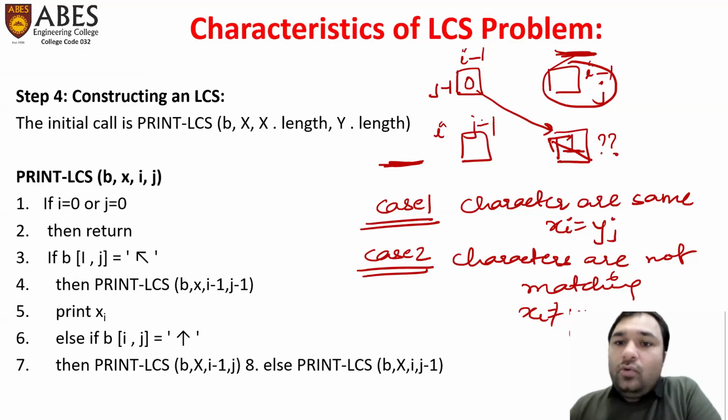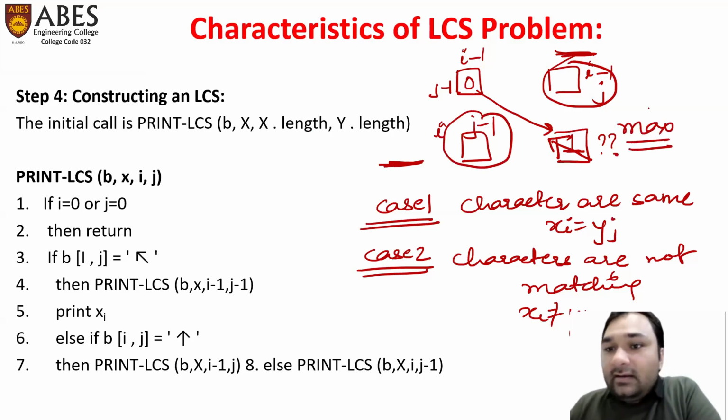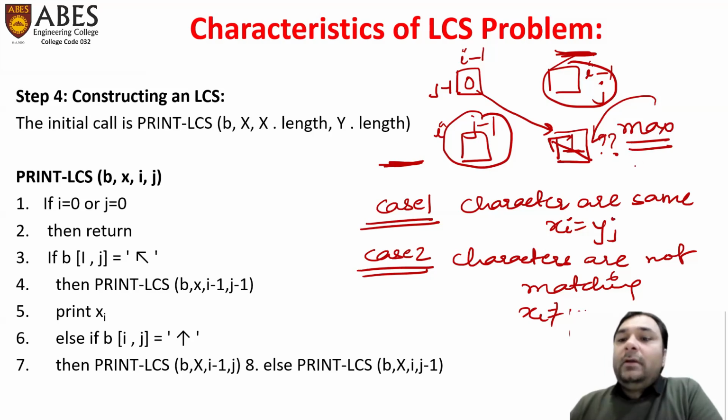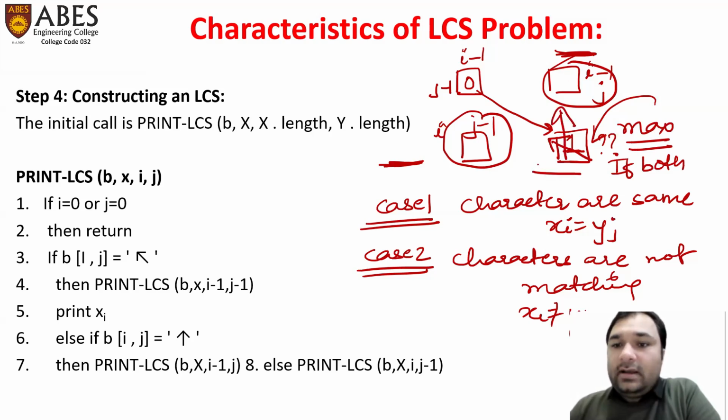Of this value and this value, the maximum will be returned here. If the maximum is this, we point the arrow as this. If the maximum is this, we point the arrow as this.